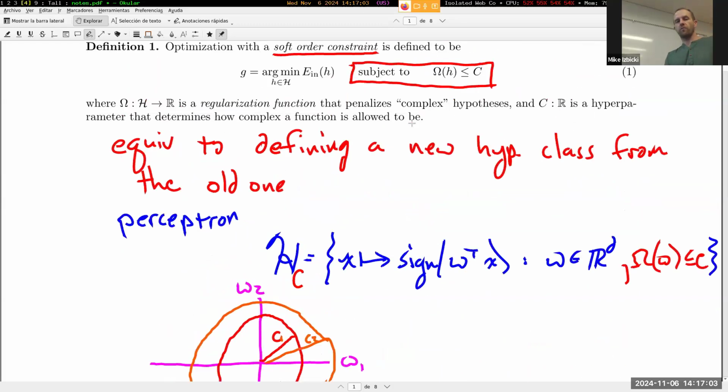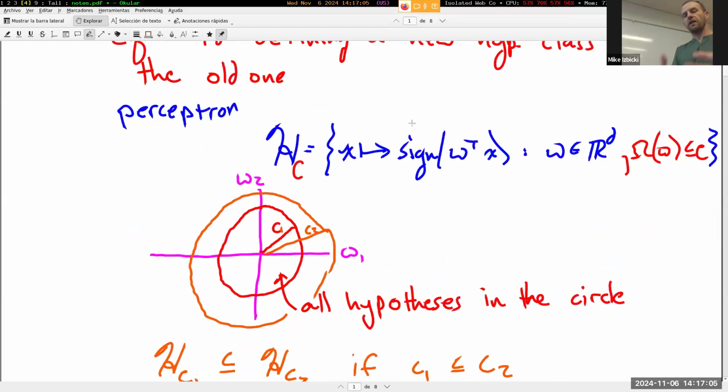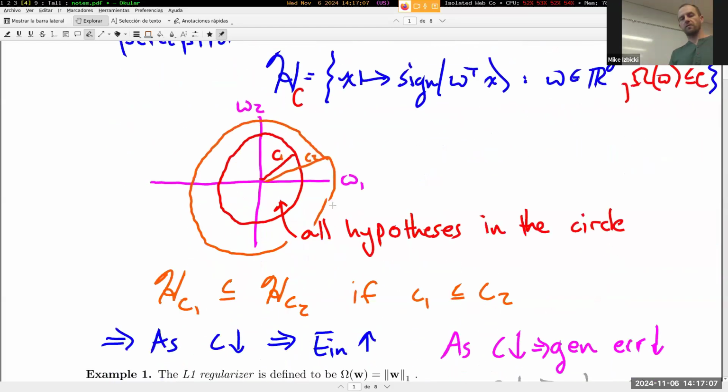But at this point, for soft order constraints, the real intuition should come from this subset relationship, that changing the C value concretely gives us a subset relationship, and that will allow us to talk about how the in-sample errors and the generalization errors affect each other. But really good question. We will get to that, probably not today, but next class period. Awesome. Another question?